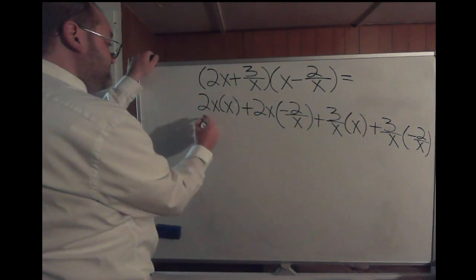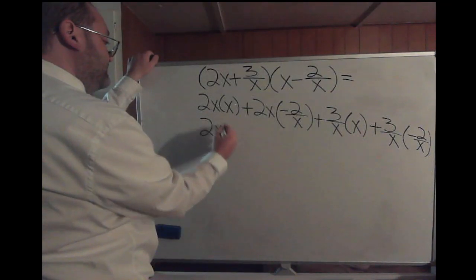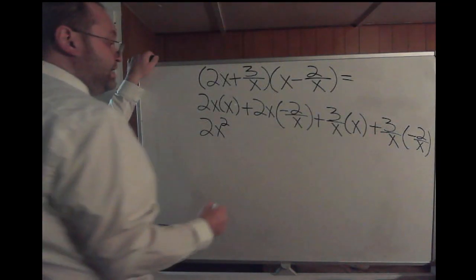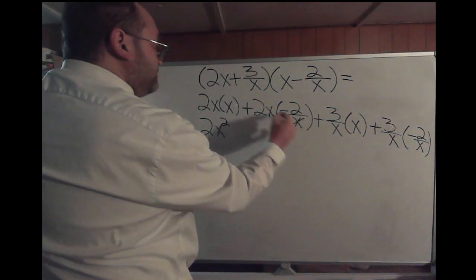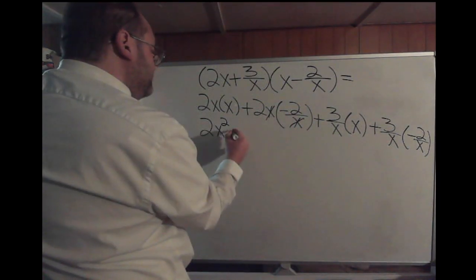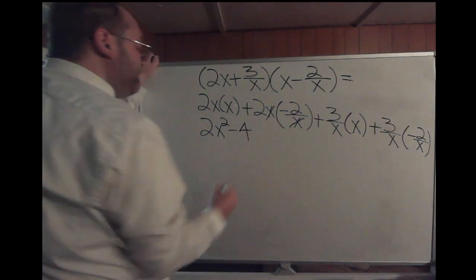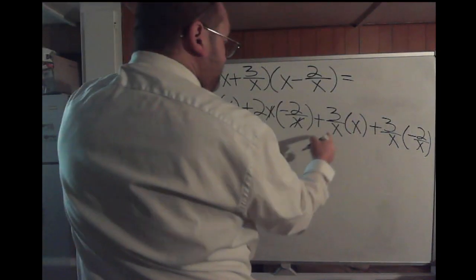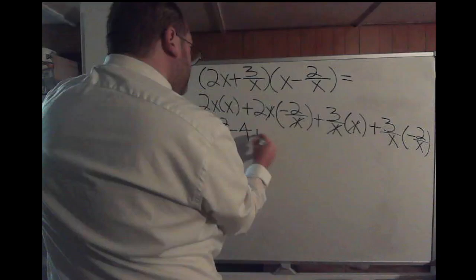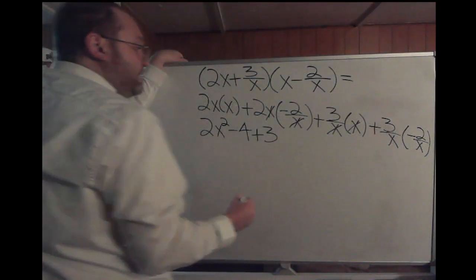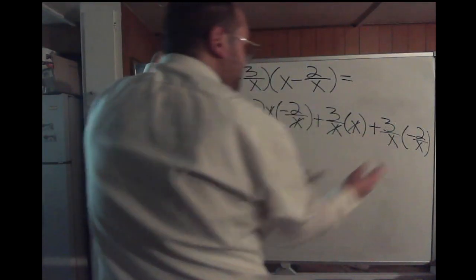Well, 2x times x, that's 2x to the 2nd. Then let's see, you have 2x times negative 2 over x. Well, your x's will cancel. You just get 2 times negative 2, that'd be negative 4. Then you have 3 over x times x. Your x's will cancel. You just have plus 3. Then you have 3 over x times negative 2 over x.